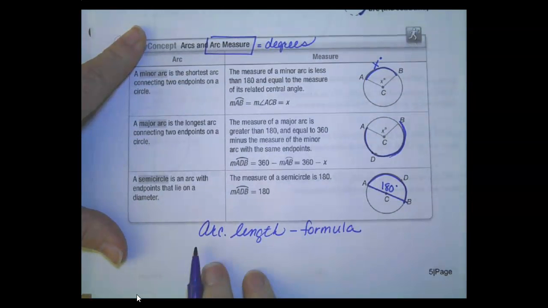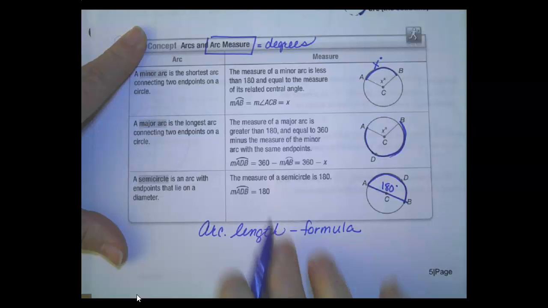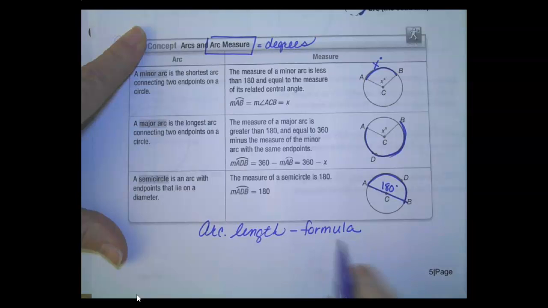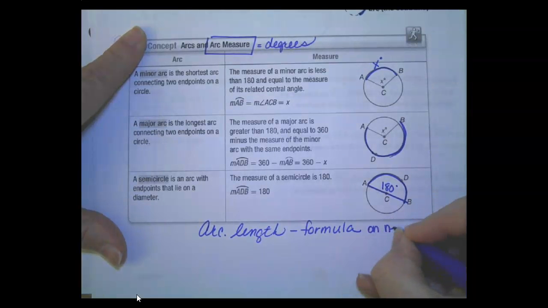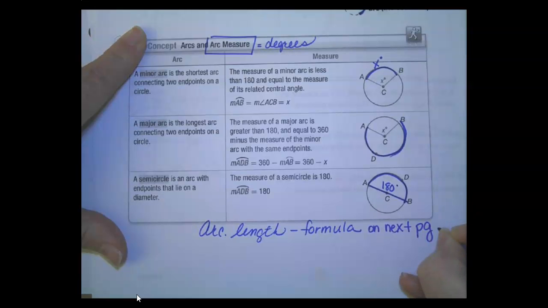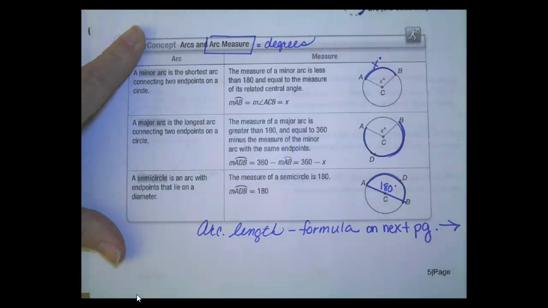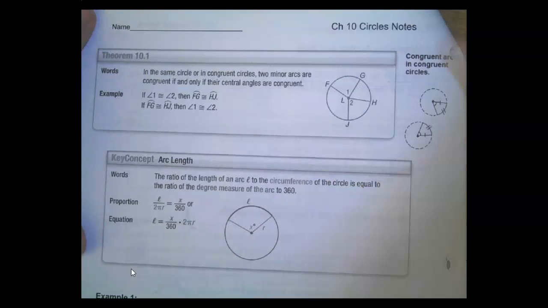All right, don't confuse arc length with arc measure. Arc length will have a formula on the next page. Hopefully you have your calculators out because we're going to need them. So, in the same circle or in congruent circles, 2 minor arcs are congruent if and only if their central angles are congruent.